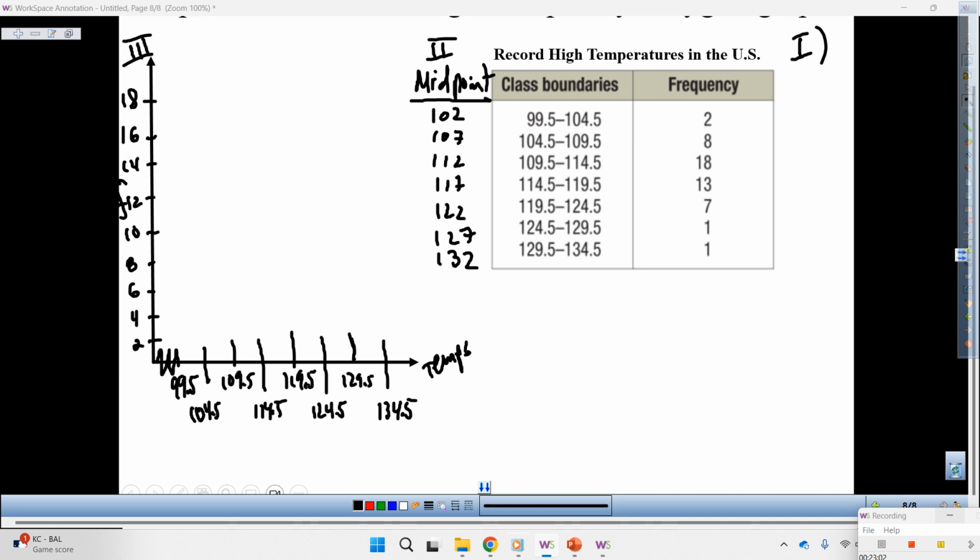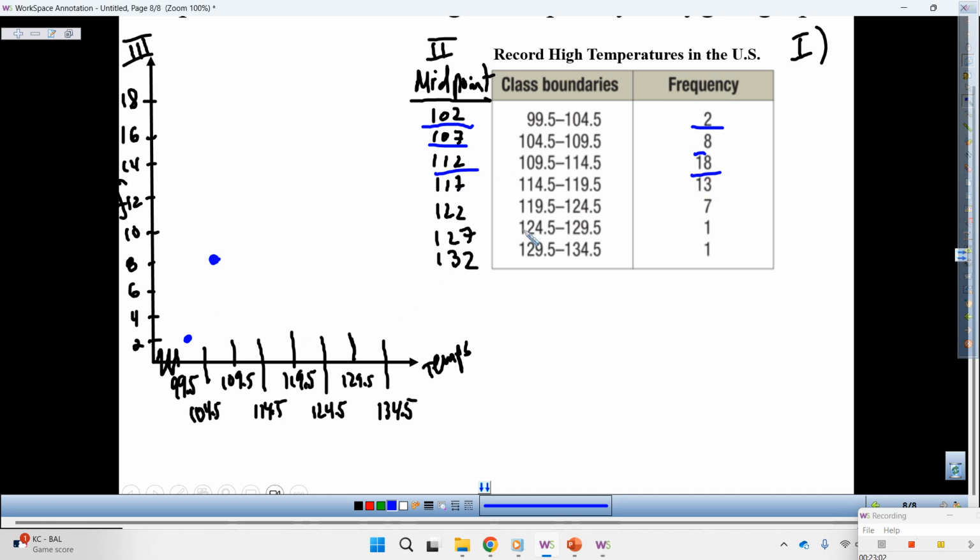Ready? Here goes. Writing utensils down, look up to the screen. So to sketch a frequency polygon, all I need is this and this. So midpoint between these two is 102 to 2. Midpoint for the next class is 107 to 8.